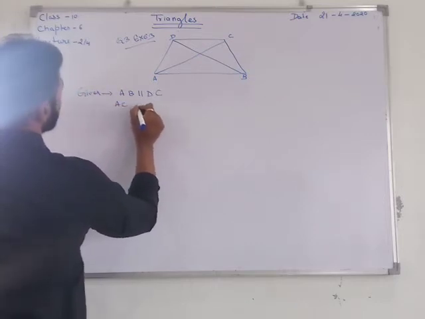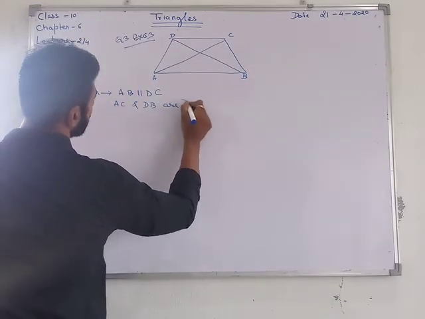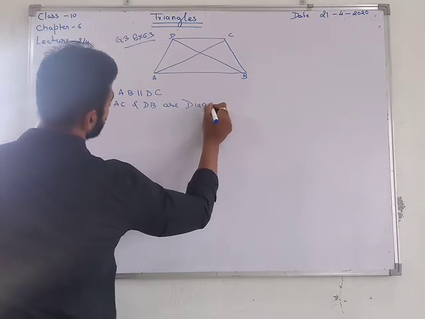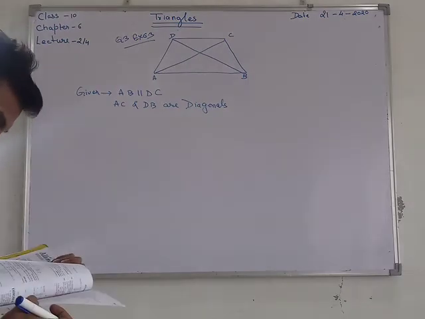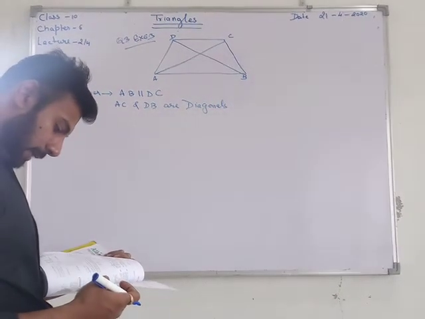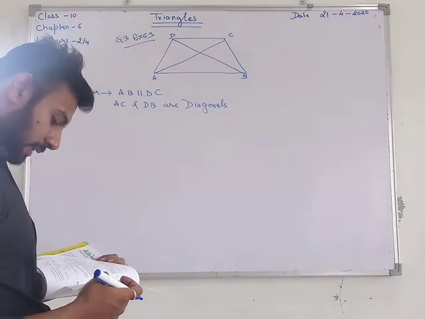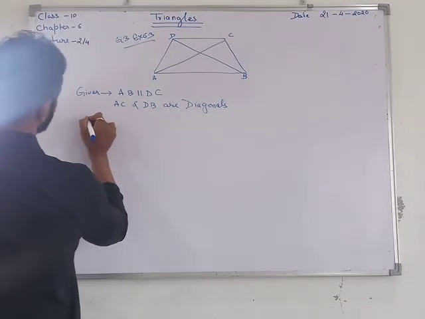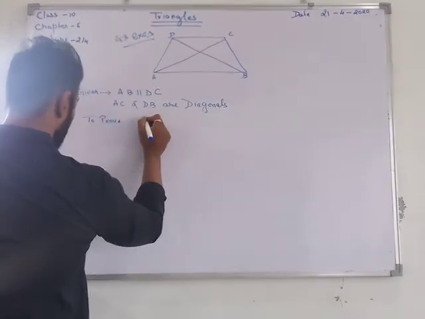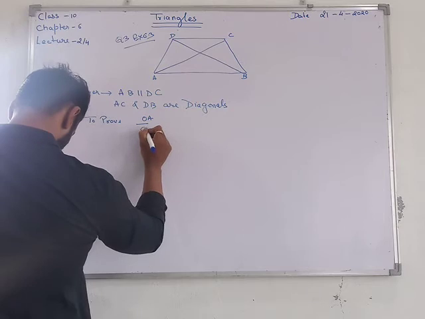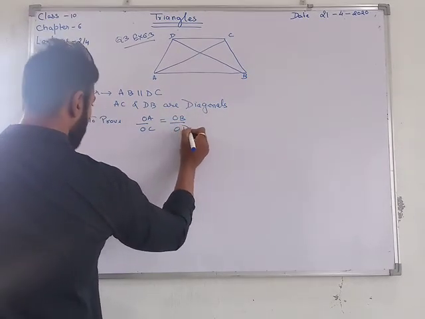AC and DB are diagonals, intersecting each other at point O. Using the similarity criteria for the triangles, we have to show, to prove, OA by OC is equal to OB by OD.